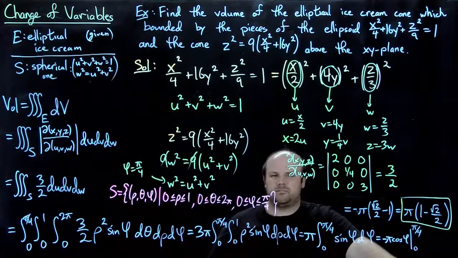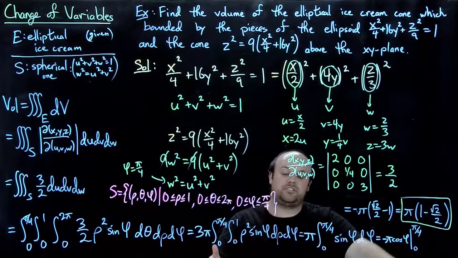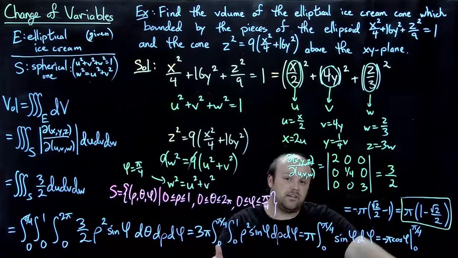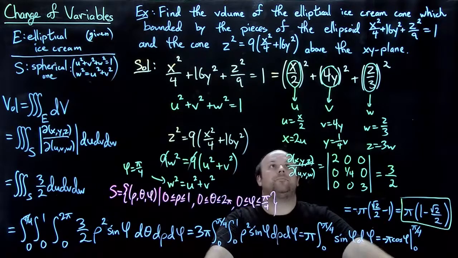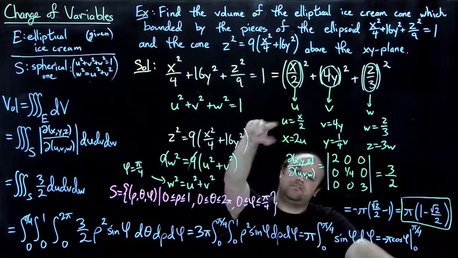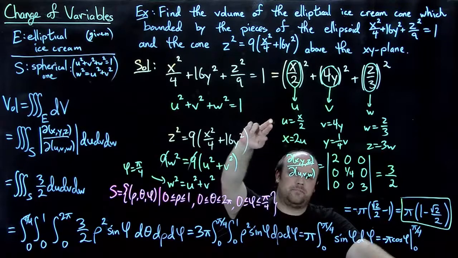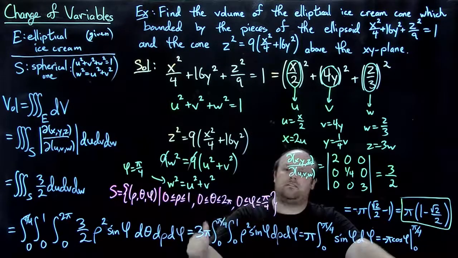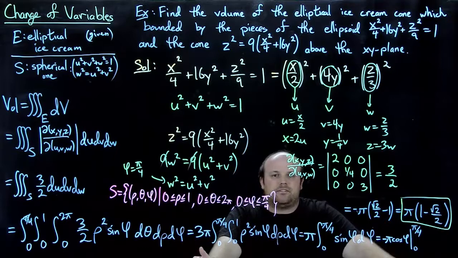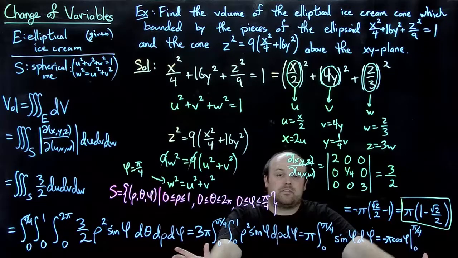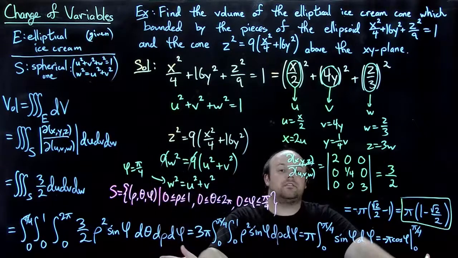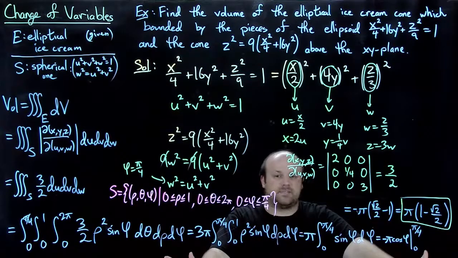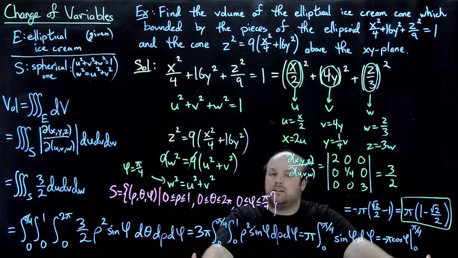So think of, sometimes when you're doing u substitutions, you would do one u substitution and find out you need to do another. And that's pretty exactly what's happening here. We did this change of variables here, right? But then we found out, oh, wait, this is still something I can't integrate with Cartesian coordinates. So you need to do another change of coordinates that takes it to something nice.